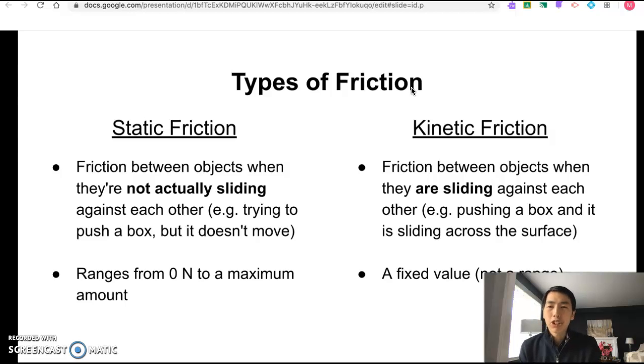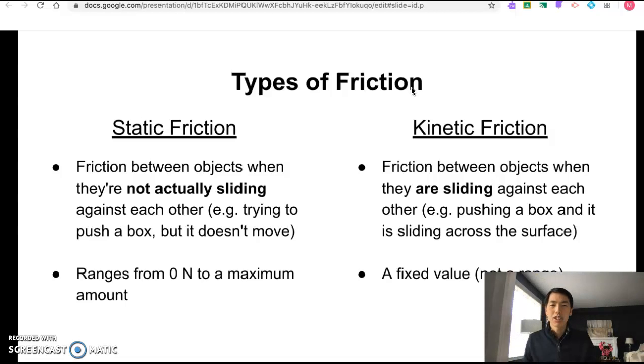Maybe the friction is so strong that it does not allow the objects to move. Whereas kinetic friction, the word kinetic comes from a Greek word that relates to motion. So kinetic friction is friction that occurs when the objects are sliding against each other.